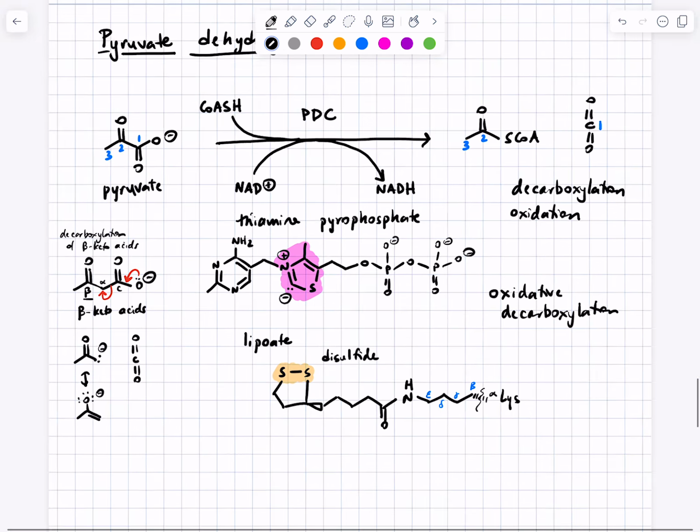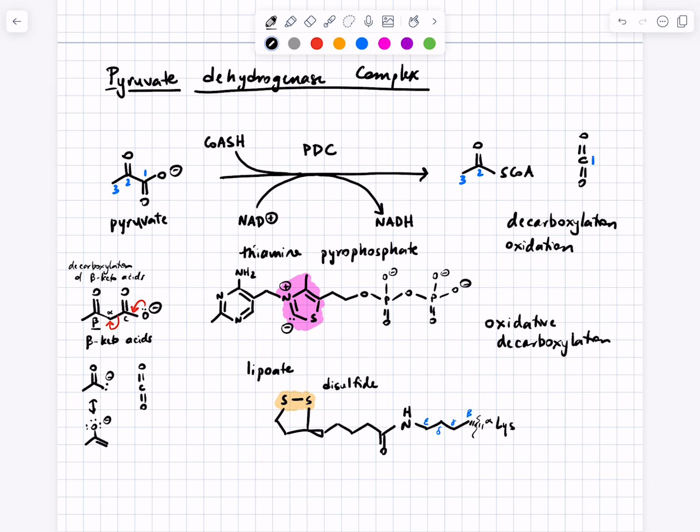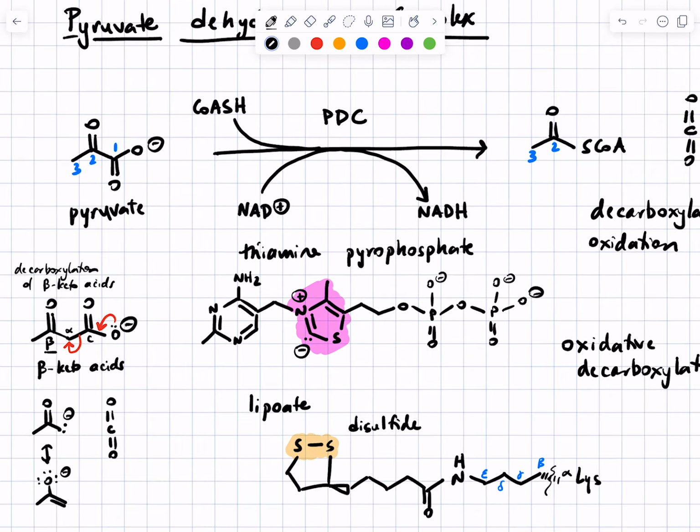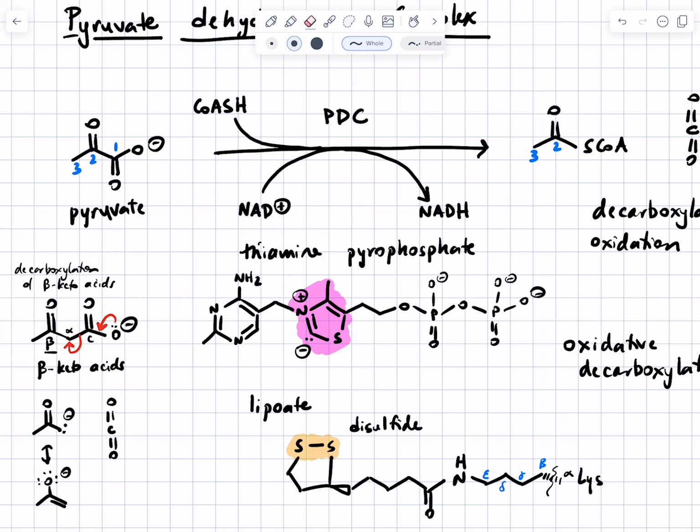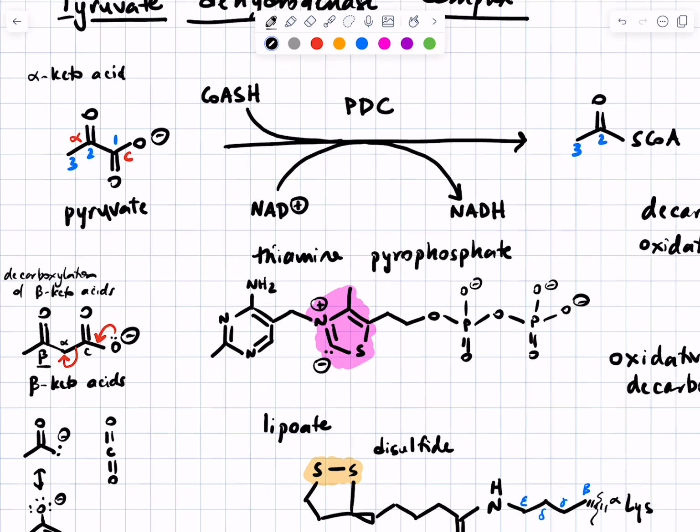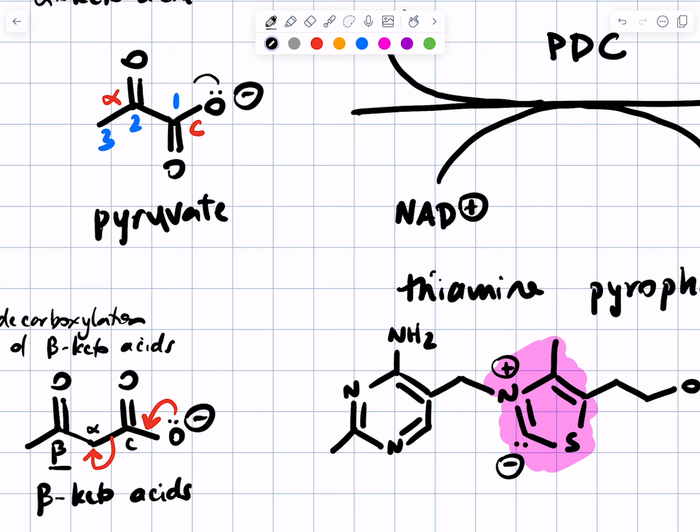The issue with this pyruvate dehydrogenase complex set of reactions is pyruvate is not a beta keto acid. Look at where the keto group is. It's on the alpha carbon. So pyruvate is an alpha keto acid, meaning if we just kicked down electrons and moved them here, they wouldn't be resonance stabilized. They'd just be sitting on that carbonyl carbon in an sp2 type orbital, just a totally unstable carbanion.